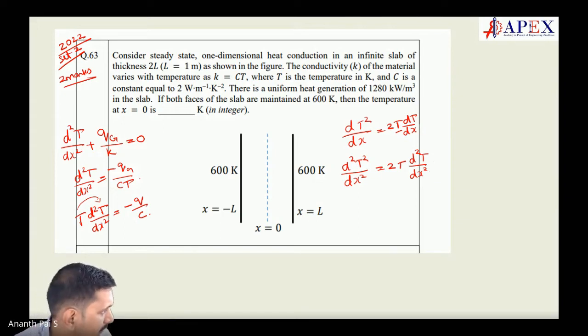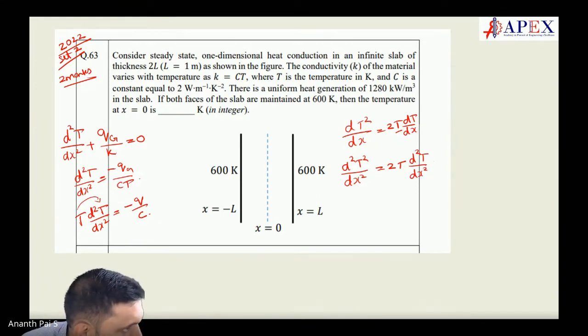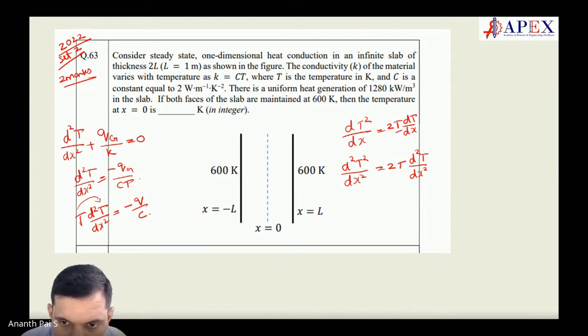Correct? Agreed. Nihal, is this okay, or do we have some trouble there? See, you have to differentiate twice. It is a way of having a chain rule, is it not?